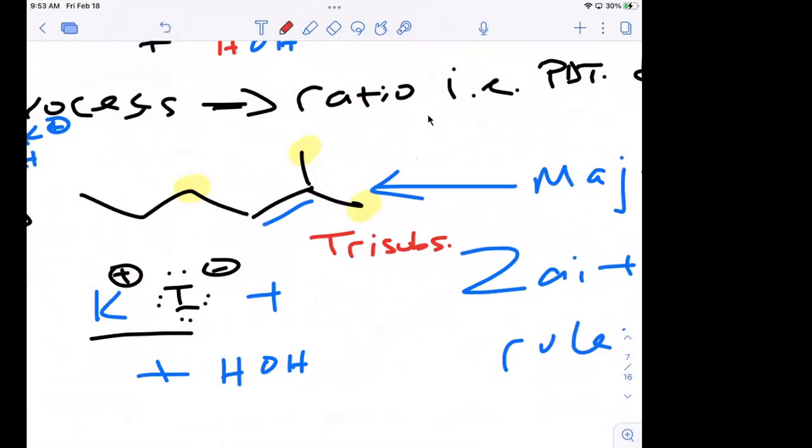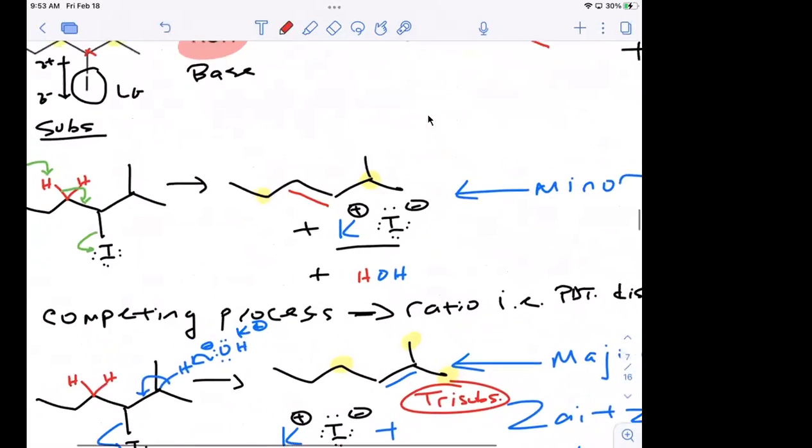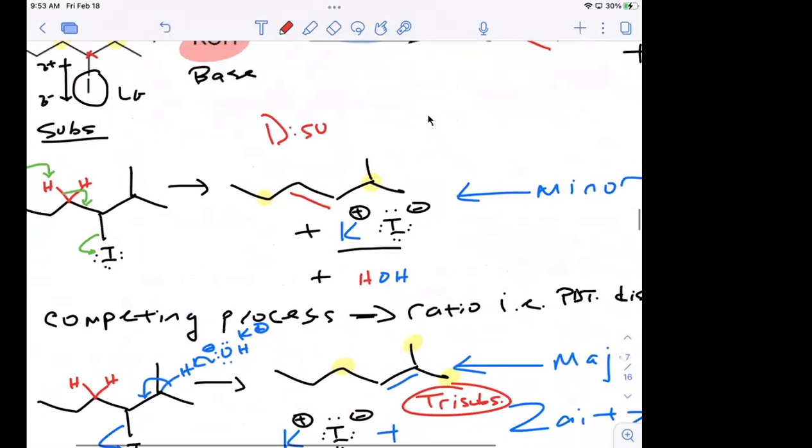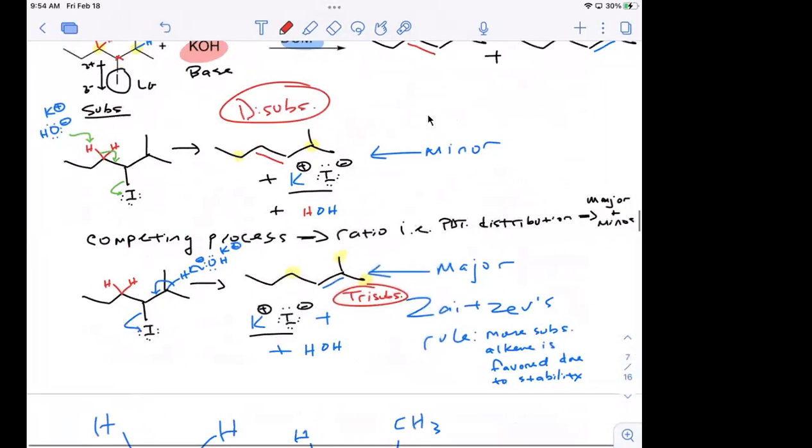So that's trisubstituted, and this is disubstituted. So that makes that trisubstituted alkene the major product when it follows Zaitsev's rule. All right. Any questions? Any questions? We got to stop here because we're over time.